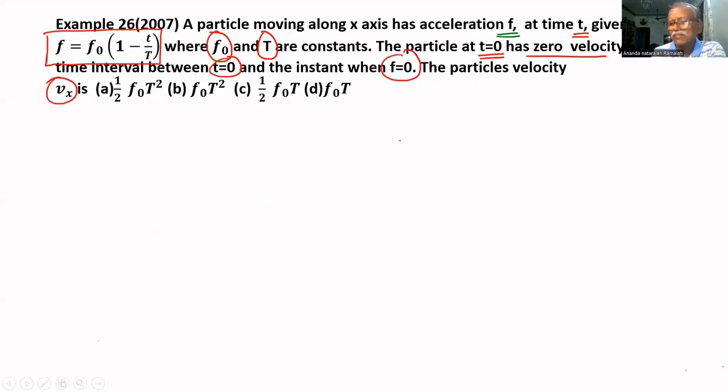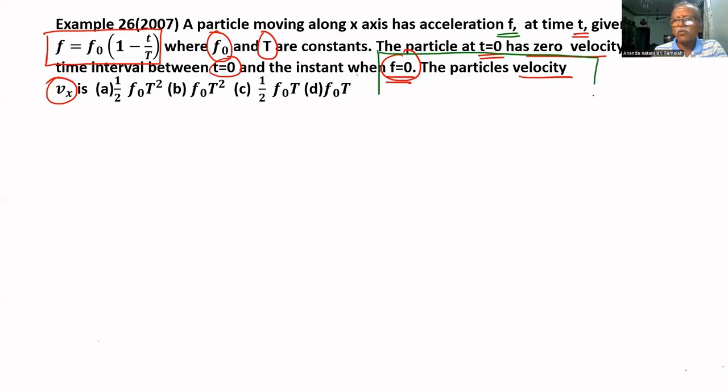So what is the question? All story we have to forget. When f equal to 0, find velocity. That's all. F is what? Acceleration. When acceleration is 0, find velocity. That is the question.